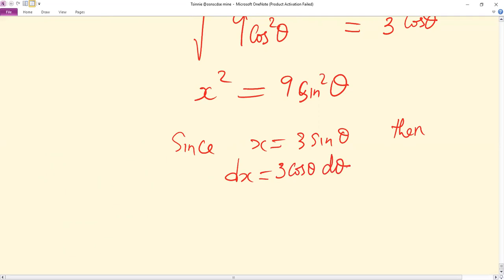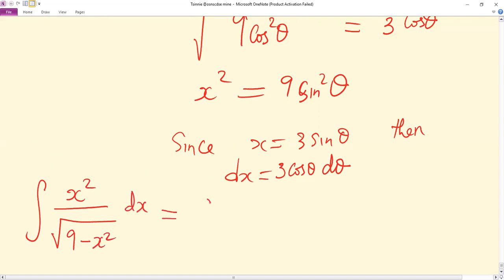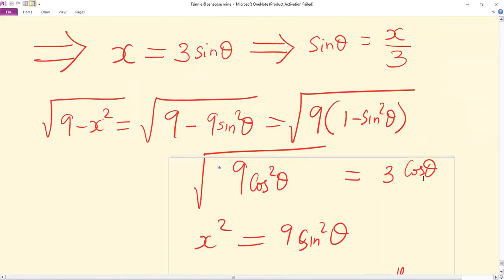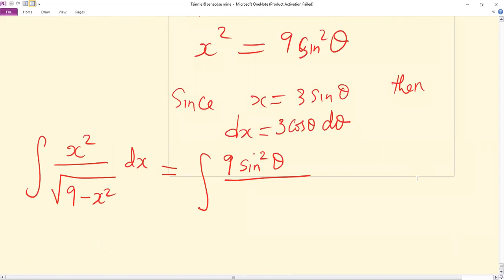Now let's write the integral. We have the integral of x squared over the square root of 9 minus x squared dx. Where x squared is, you put 9 sine squared theta. For the square root of 9 minus x squared, from our calculation, we have 3 cos theta.